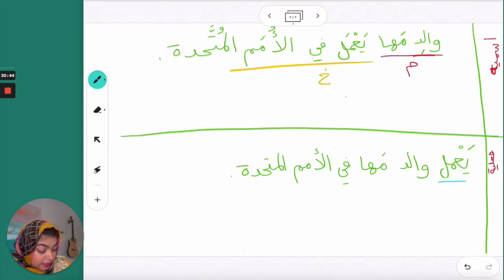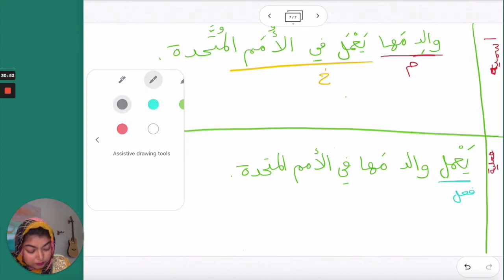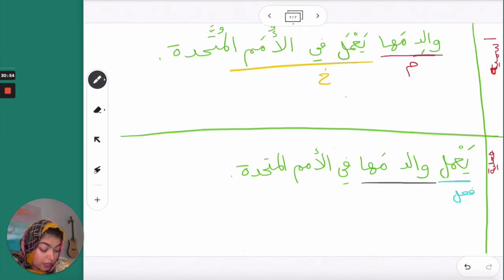Okay. يعمل is going to be considered فعل. من الفاعل? Who's the one who's doing the action? Good. والد مها. فاعل. He is the one who's working. Okay. So those are the two parts of the sentence. That's how you're going to differentiate between the two.